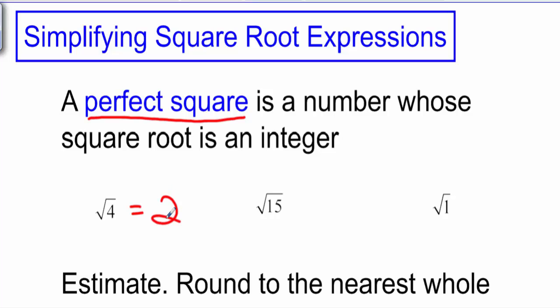The square root of 4 is 2. 15 is not a perfect square because there is no integer that I can multiply by itself to get 15. I know 4 times 4 will give me 16, I'm close, but there's no integer that will give me 15. And finally, 1 is also a perfect square because the square root of 1 is just 1. 1 times 1 gives me 1.